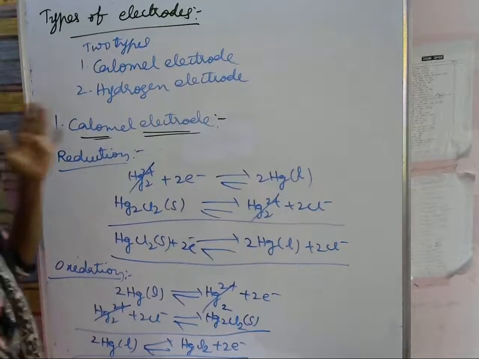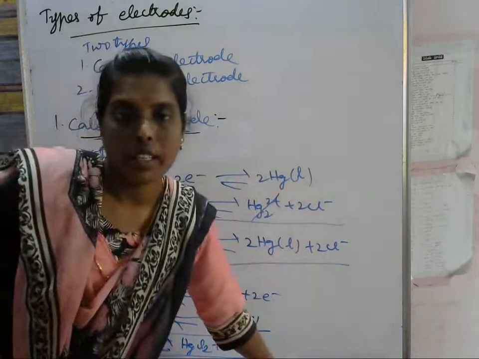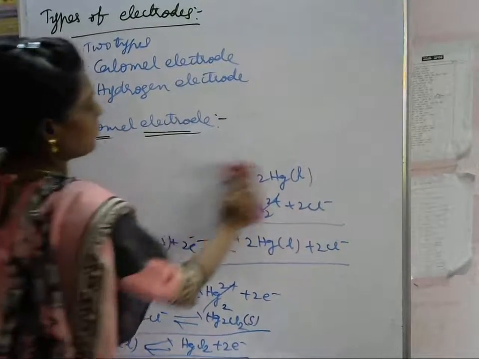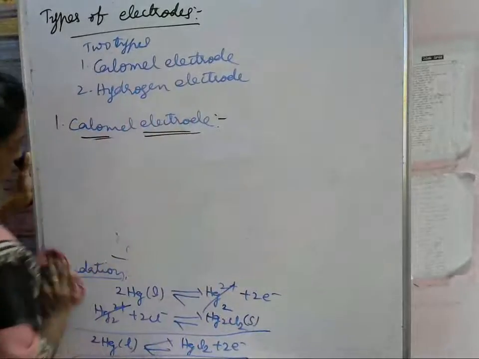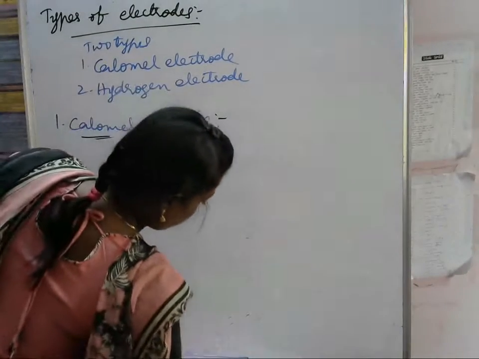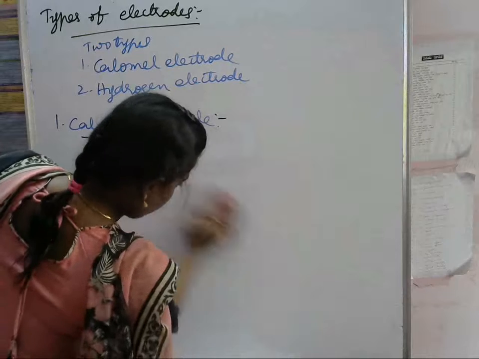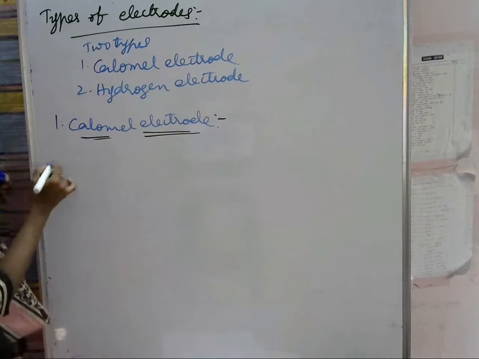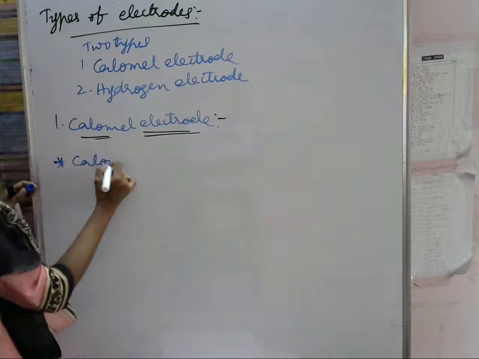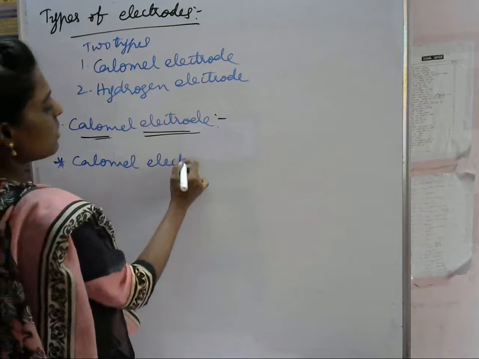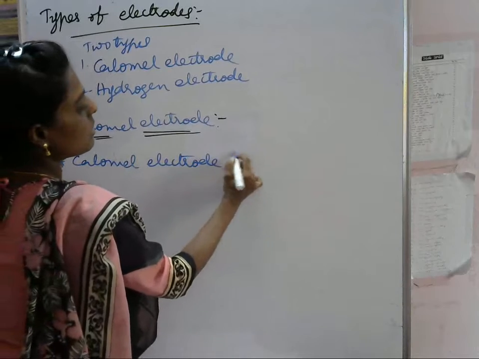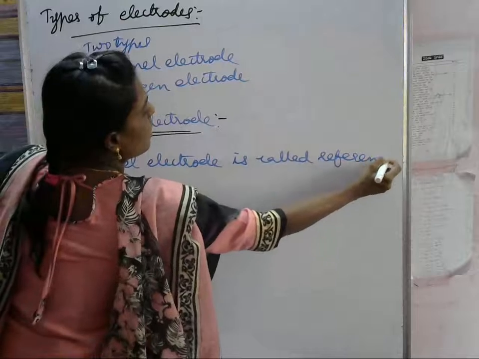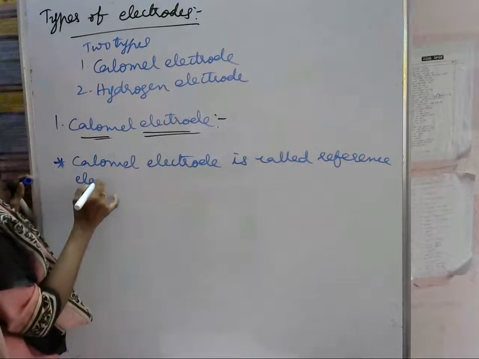So let's see some conclusions for this calomel electrode. The calomel electrode is called a reference electrode.